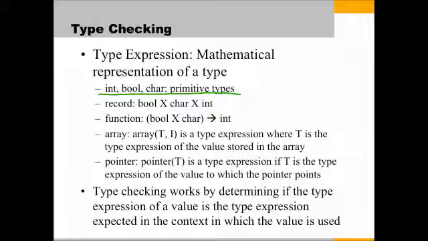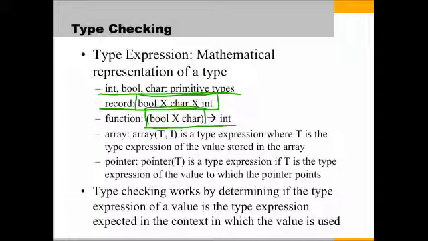So then you can see a record is represented as a Cartesian product of its fields. Hopefully you're also familiar with this kind of notation from discrete math. The left side here denotes the parameters to the function.